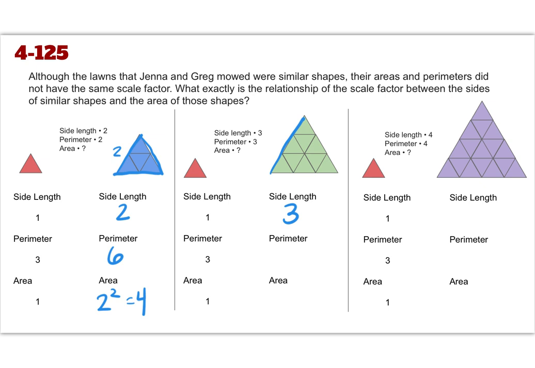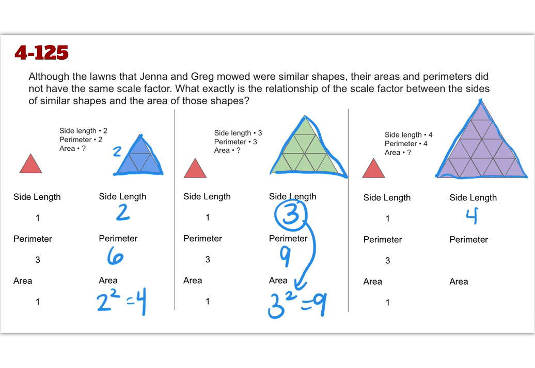The perimeter is 9. The area is 3 squared, which is 9. Side length is 4. The perimeter is 12. The area is 4 squared, which is 16.